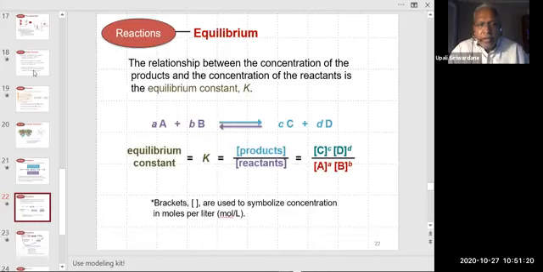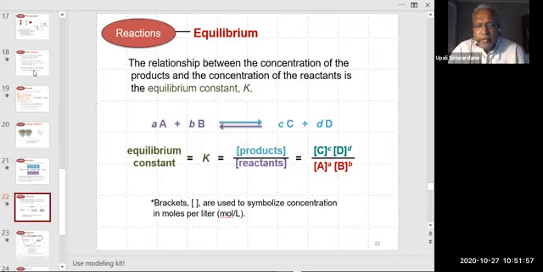Using equilibrium concentrations, we can define an equilibrium constant for a particular reaction. The equilibrium constant is K. K is defined as the concentration of products divided by the concentration of reactants, each raised to the power of its stoichiometric coefficient: C to the power small c, D to the power small d, divided by A to the power small a, B to the power small b.